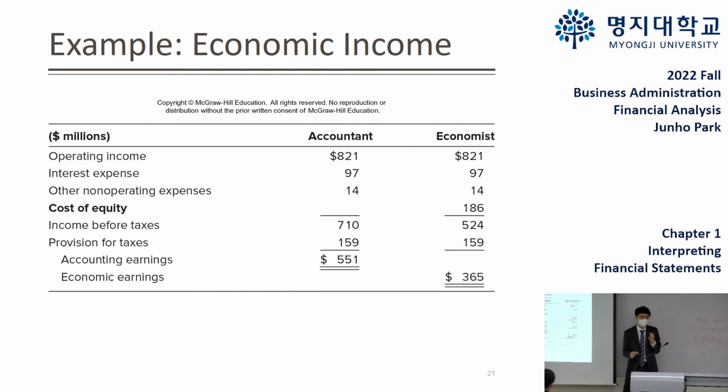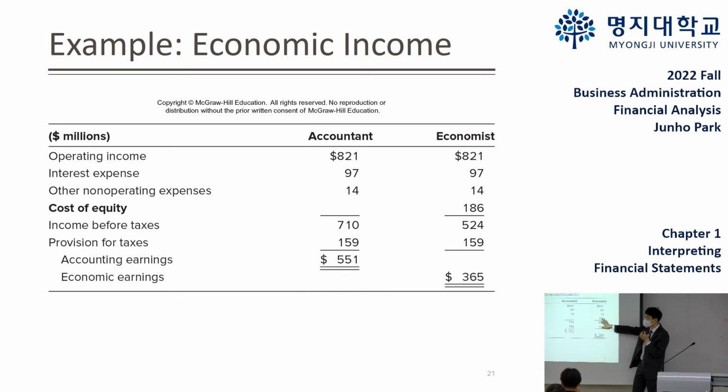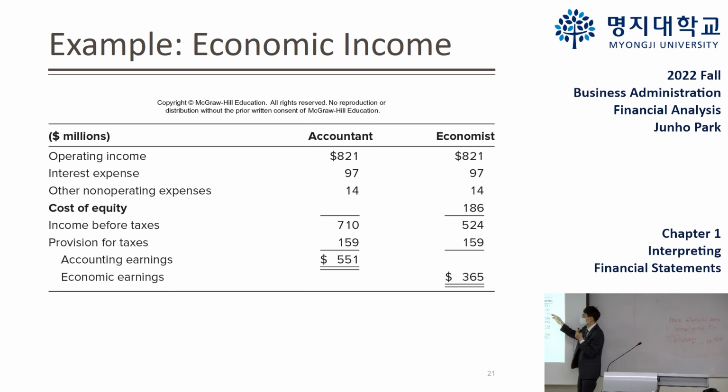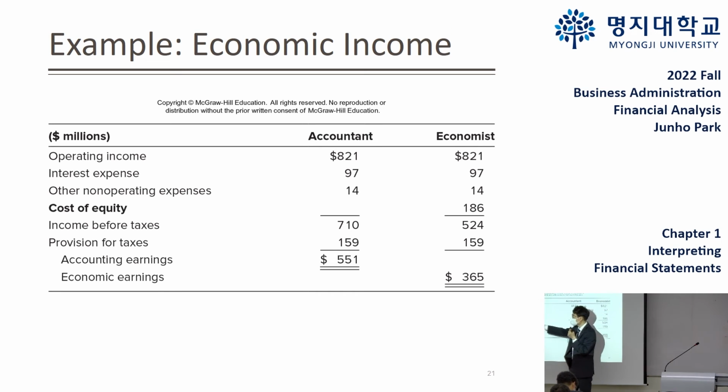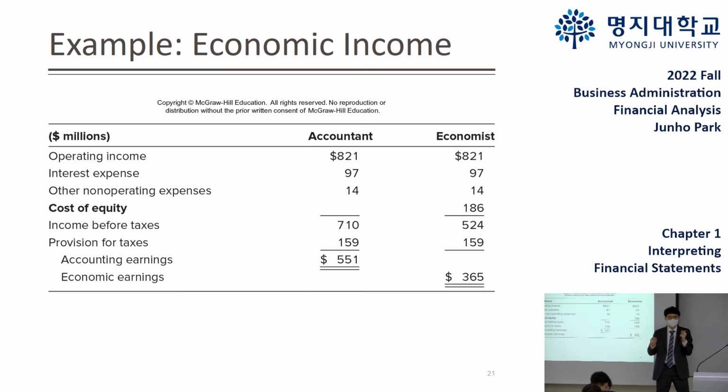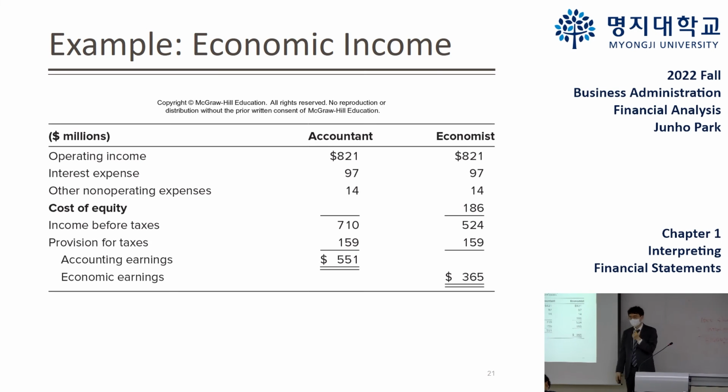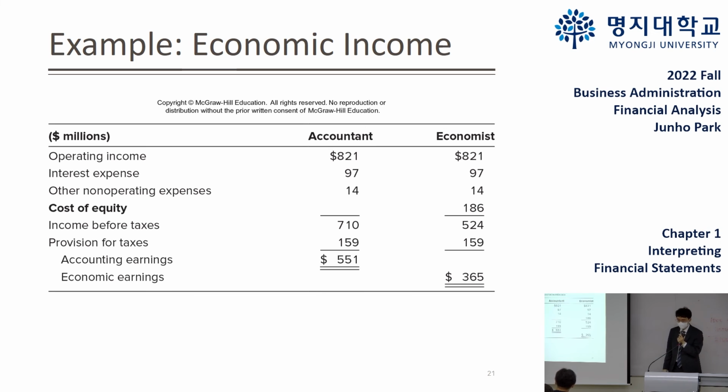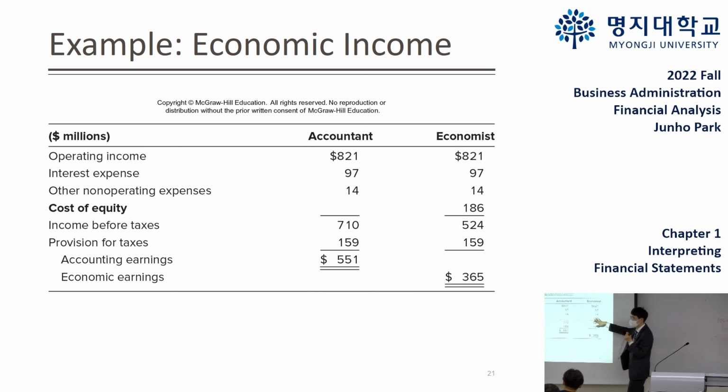By doing so, you have lost other chances of using your money in other ways. That is called the cost of equity. It is very difficult to precisely estimate the cost of equity, but for the matter of time, we will just assume that we eventually estimated that our cost of capital is $186, and then you need to subtract it, and the income before taxes will be 524.